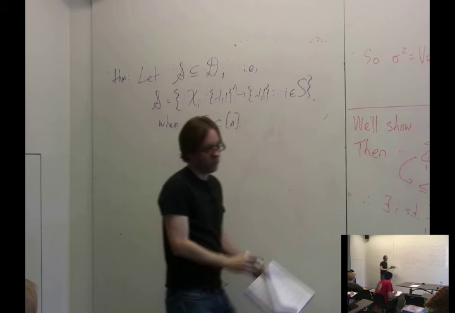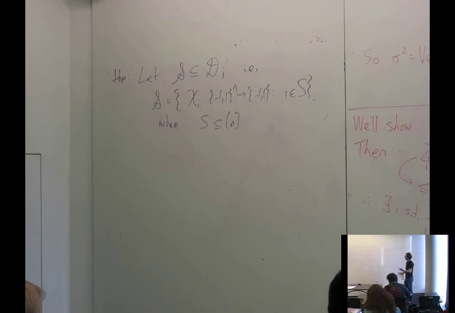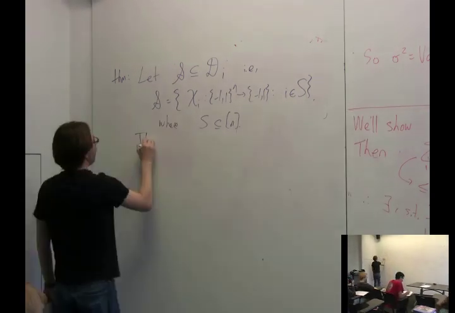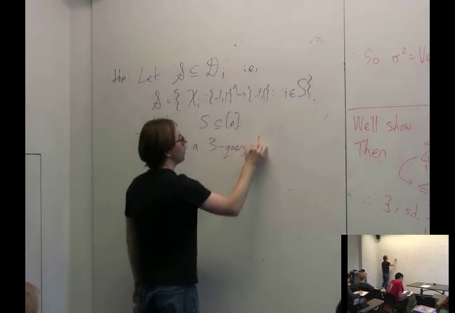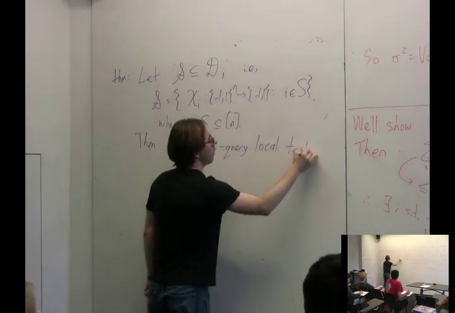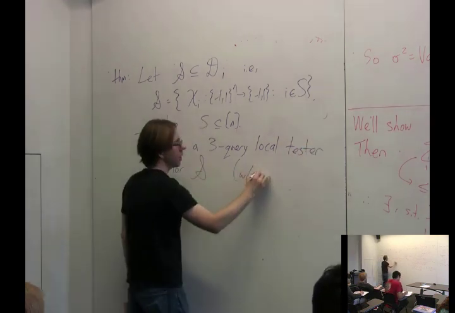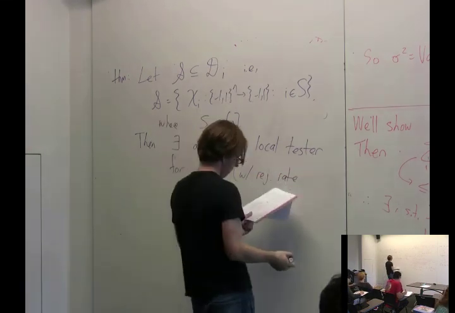Okay? You fix some totally arbitrary subset of 1 through n. It can be anything. And then you can test whether a function is a dictator where the dictator bit is in that set S. So then there exists a 3-query local tester for script S, with the rejection rate, if you must know, I have to look it up, 0.05, I think, 0.01.